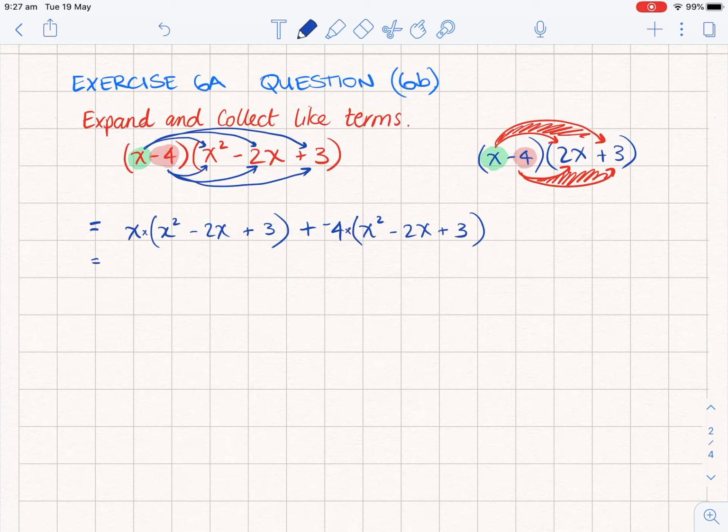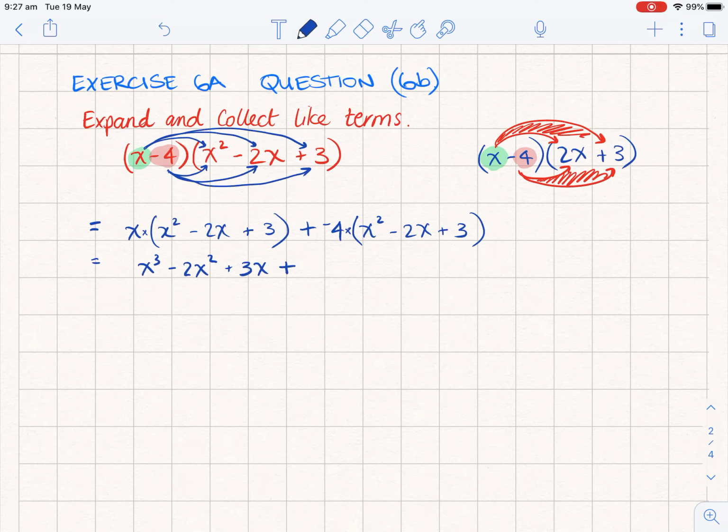Okay, so what does that look like? Well, let's work with this first bracket. X times x squared is x cubed. X times negative 2x is negative 2x squared. X times 3 is positive 3x. That's the first bracket taken care of.